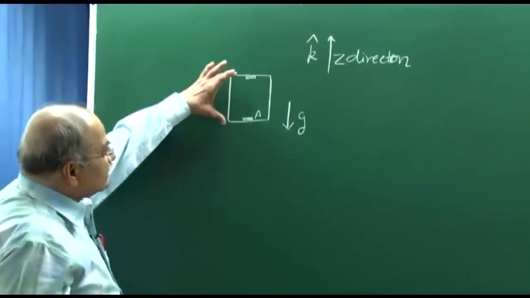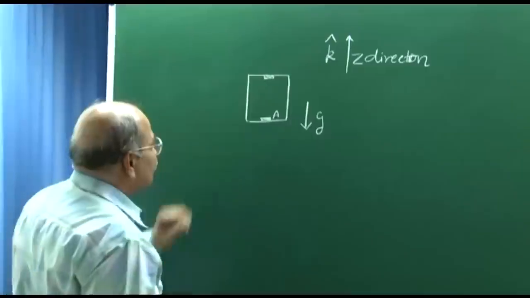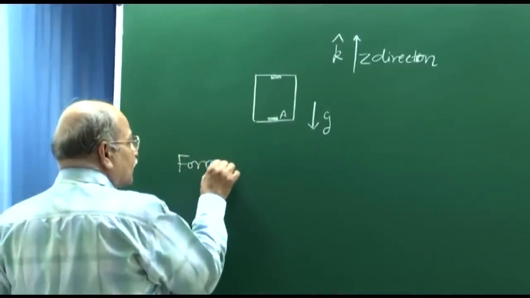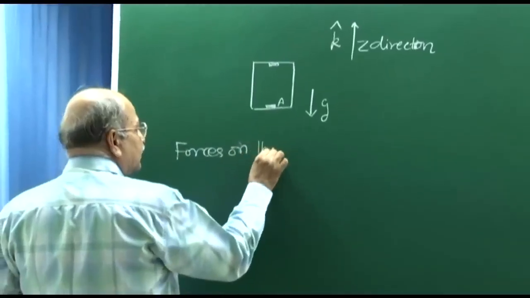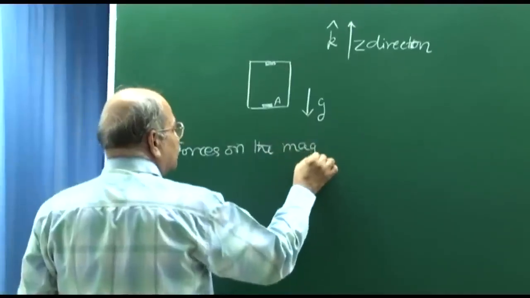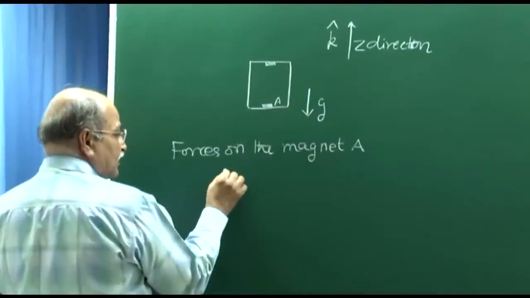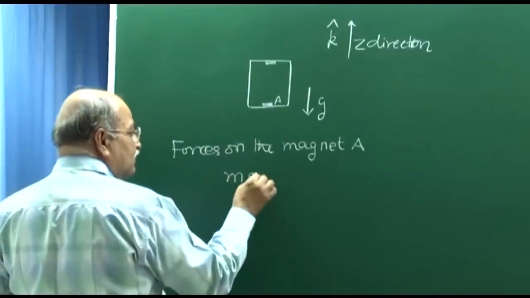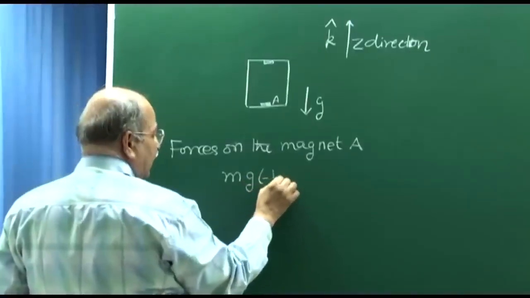And now I will analyze this from the box frame. So, forces on the magnet A. What are the forces? Weight mg, which is in downward direction, we have taken z direction upward, so minus mg k cap.